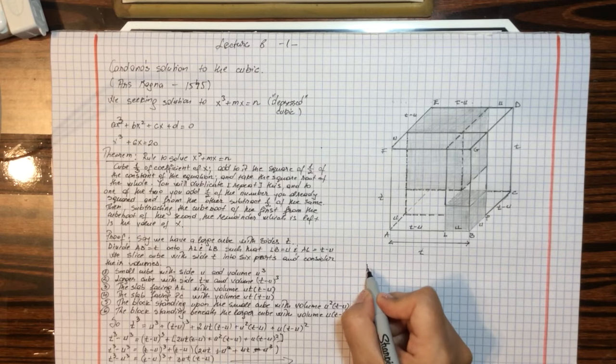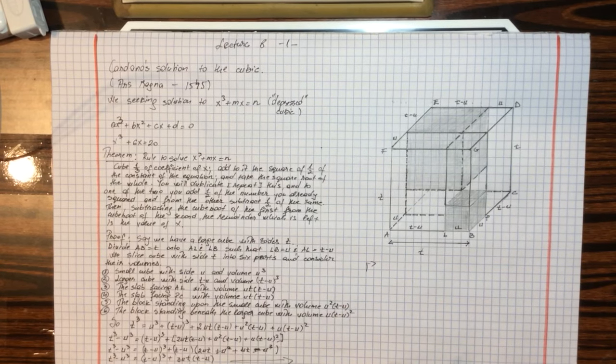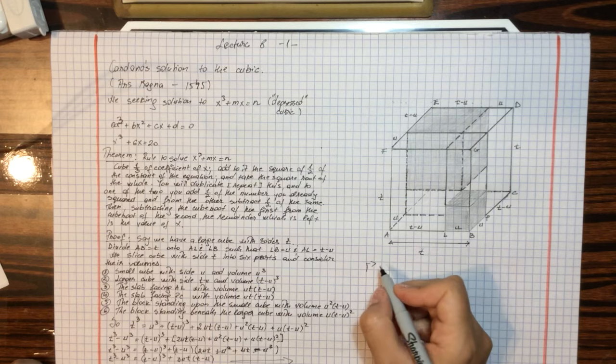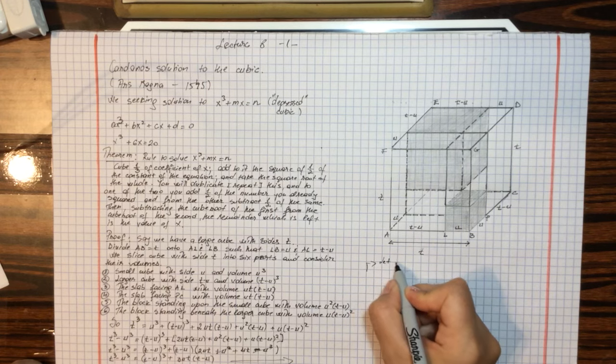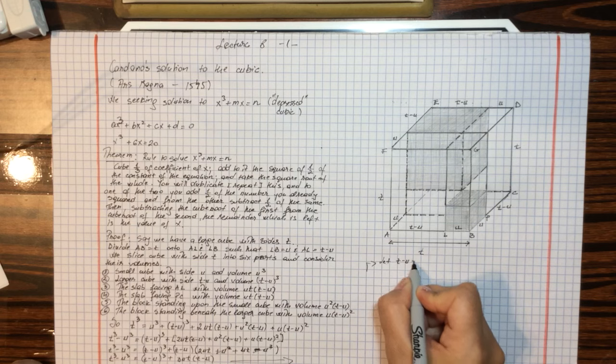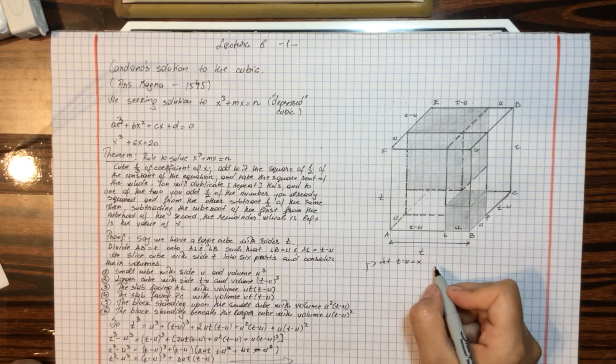I'll continue here. Okay, so now what? Now we are going to substitute, let's say, t minus u with x. So let t minus u be equal to x.